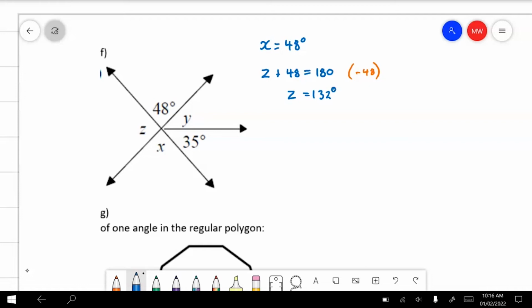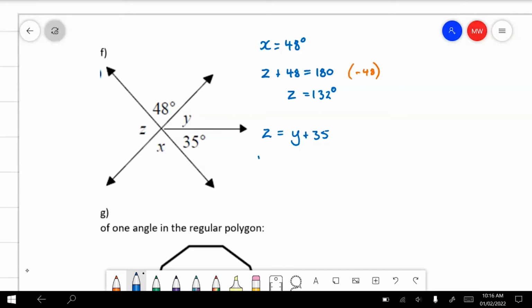And finally, we're after y. Now, y plus 35 is vertically opposite z. So now that we know what z is, we can solve that. But just so it's nice and clear, z is equal to y plus 35 because they are vertically opposite.